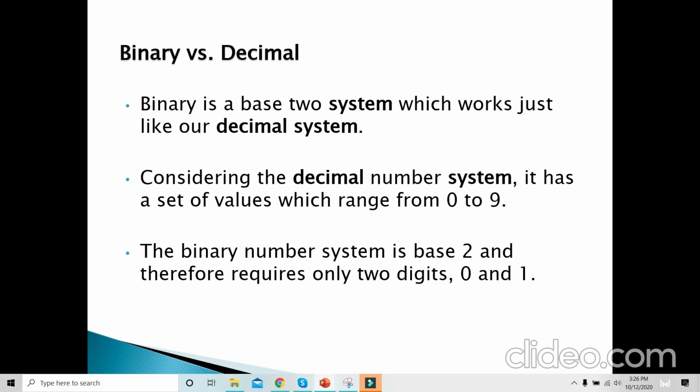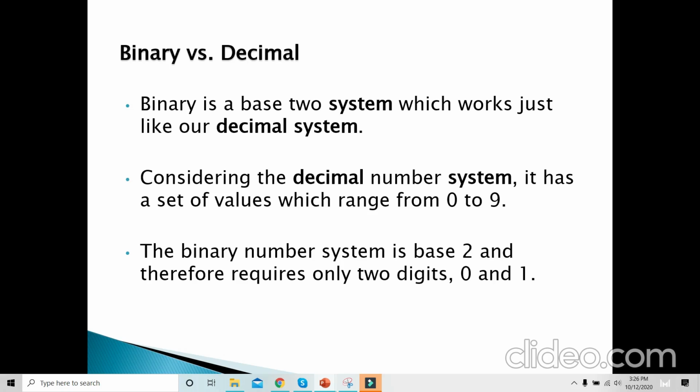So, binary versus decimal. Binary is a base 2 system which works just like our decimal system. Considering the decimal number system, it has a set of values which ranges from 0 to 9. The binary number system is base 2, and therefore it requires only two digits, 0 and 1.